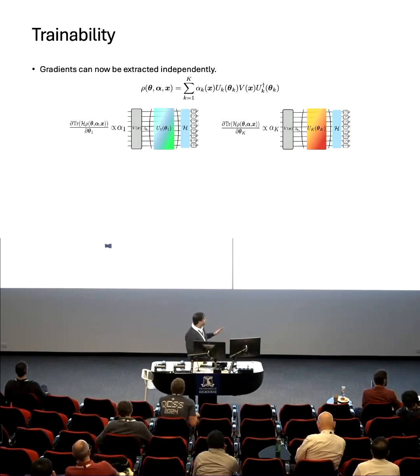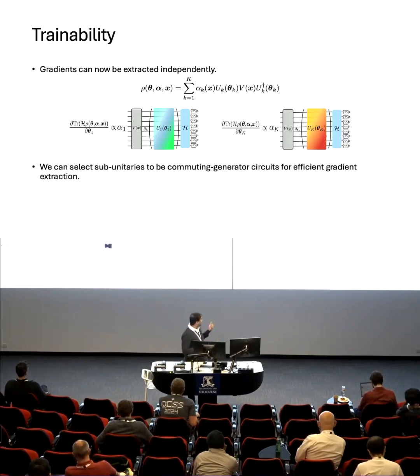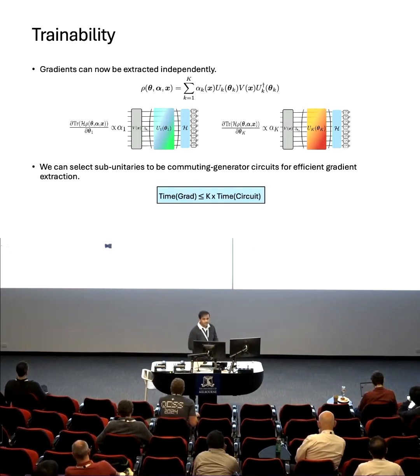So what this means is the gradient complexity of this regime will depend on the gradient complexity of the sub-unitaries. So we can take the commuting generator circuits, as I talked about before, and this entire framework becomes efficient in the gradient complexity. The cool thing now is that the generators need not commute or anti-commute across the blocks.